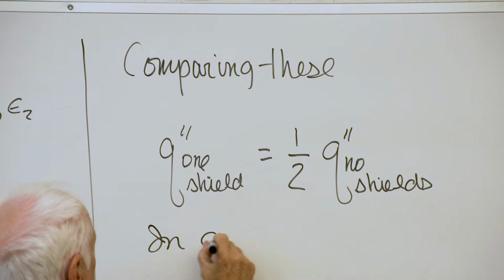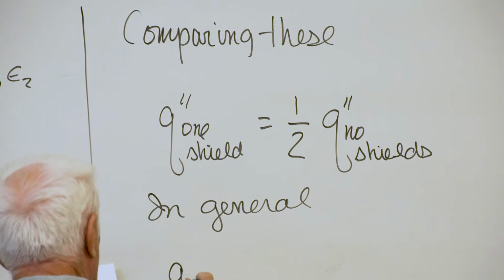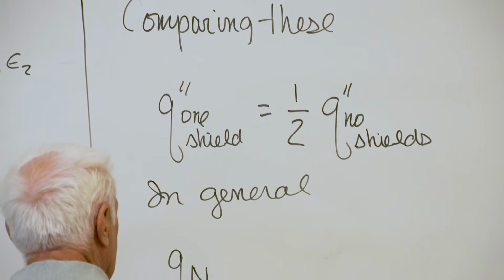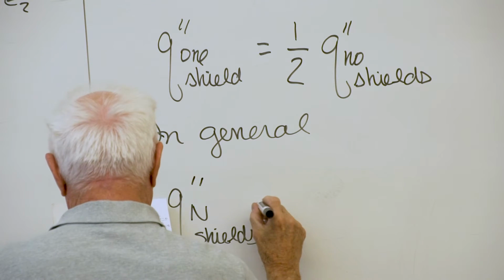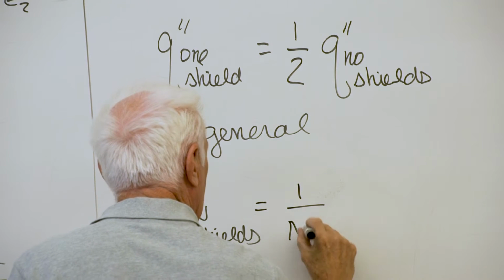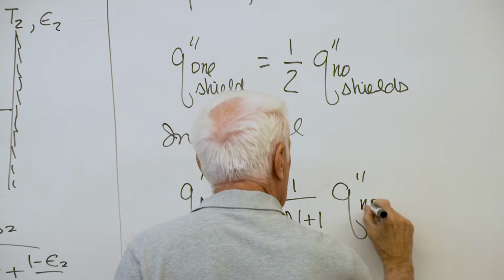Our textbook says, in general, Q for N shields equal 1 over N plus 1 Q double prime no shields.